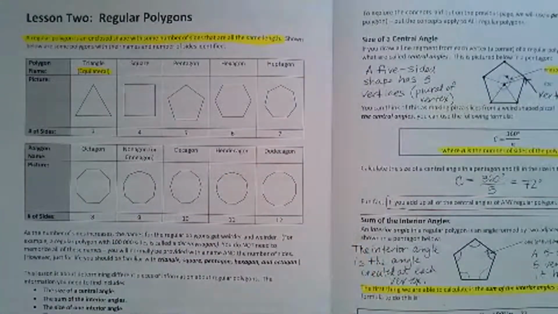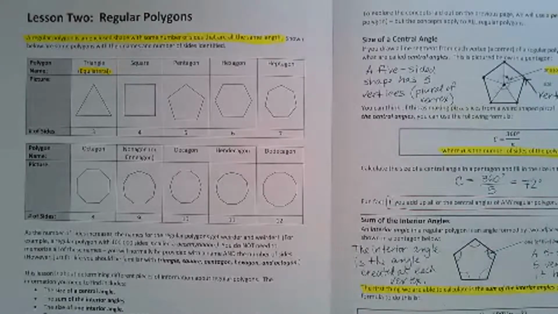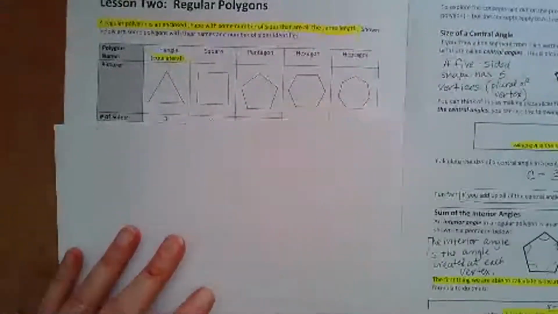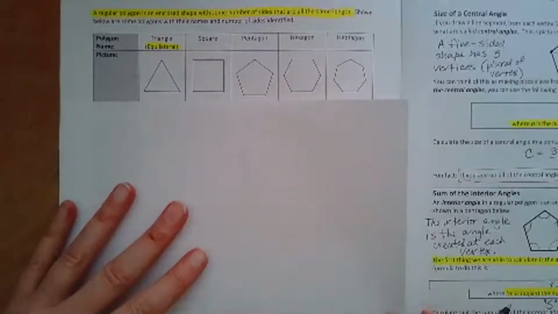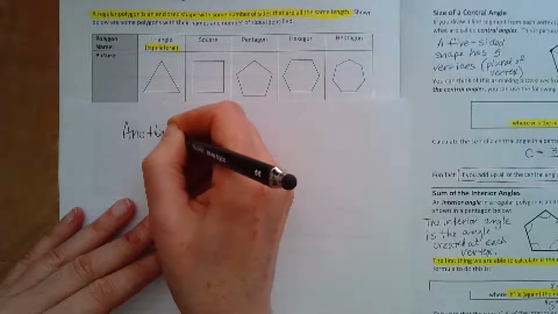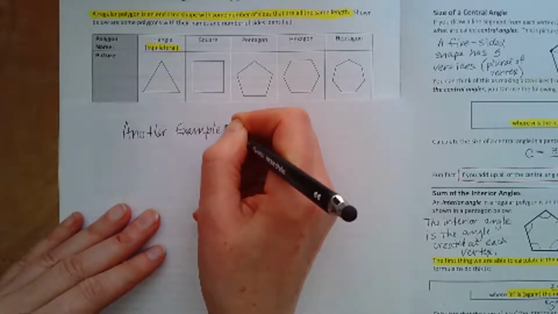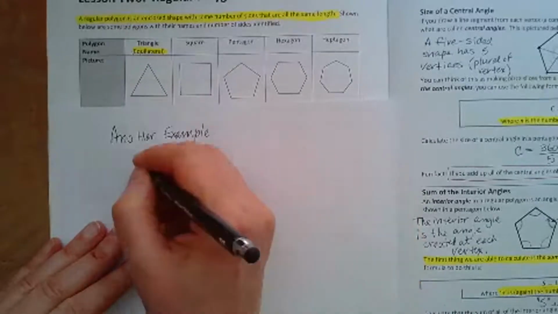So I'm just going to grab another piece of paper, and I'm going to use a heptagon. So we're going to do another example. Okay.